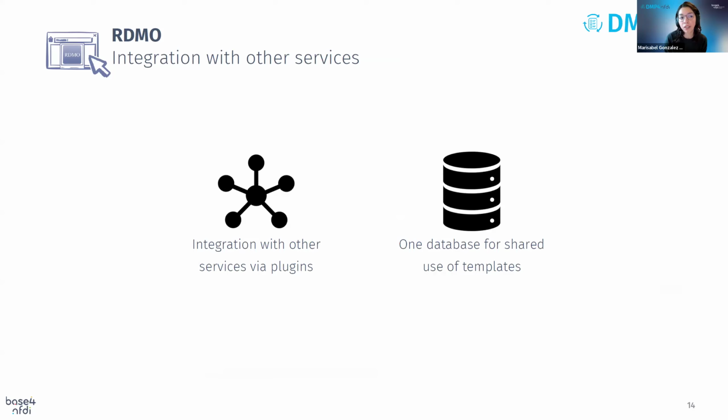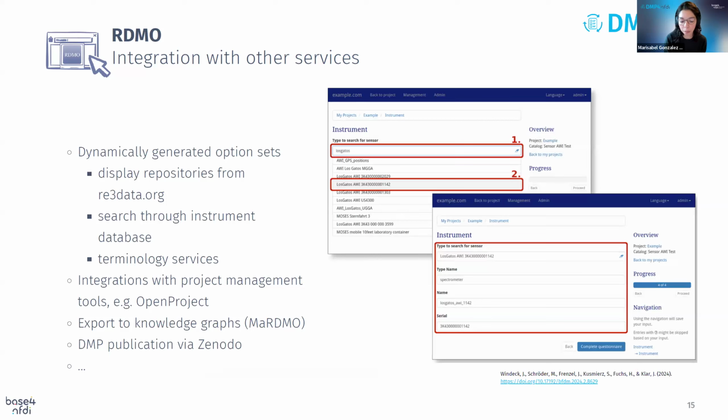RDMO also allows integration with other services via plugins, and that also allows one database for shared use of templates within the community or across the NFDI. For example, a plugin can provide a list of, in this case, observers, and the user enters a search term and selects an item from the list, and then the information from this item is automatically filled in the DMP.